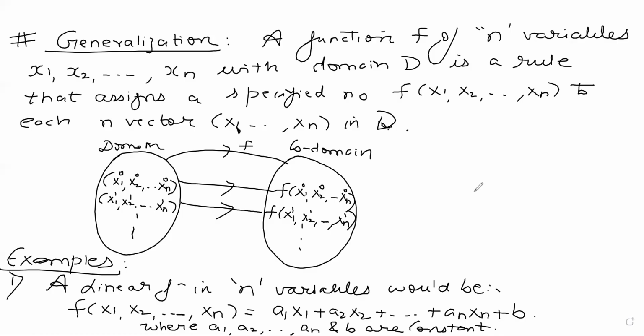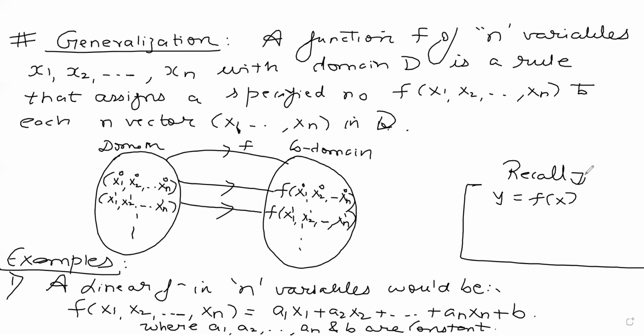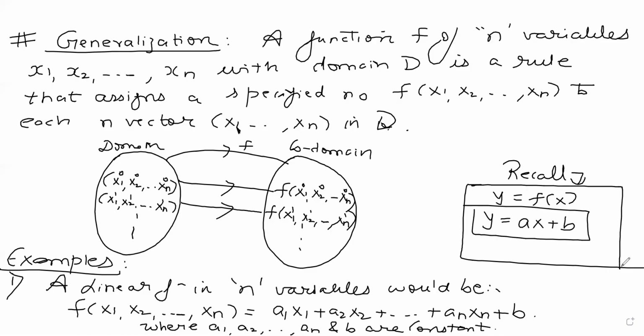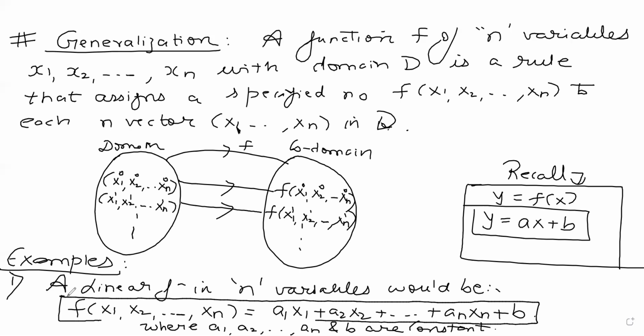Now all students can recall in the MME-1 course when y was just a function of x, how did the linear function look like? Ax plus b. This used to be the linear function y equal to ax plus b when we had y only as a function of x. But now when we have a function based on n such variables, this is how I can now write my linear function. This is how my linear function is now going to look like.